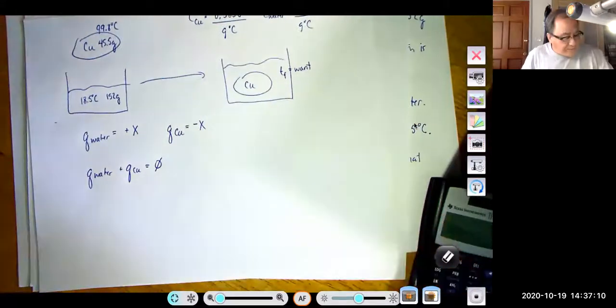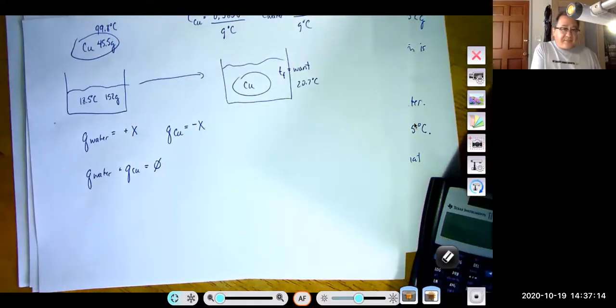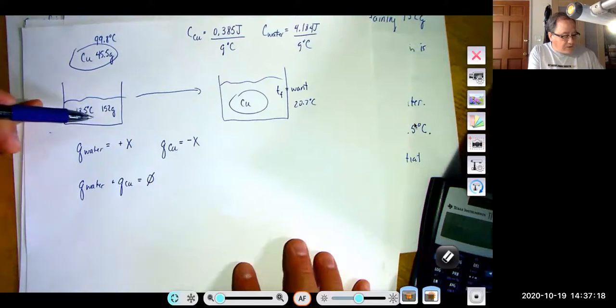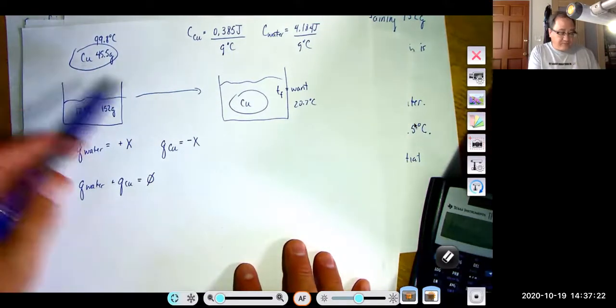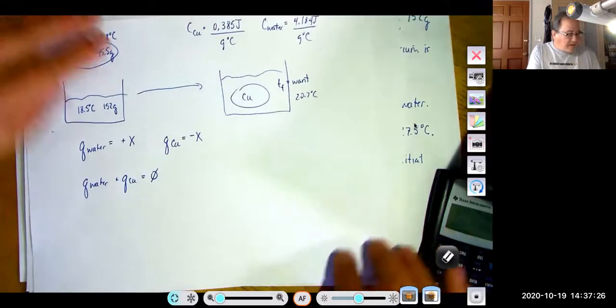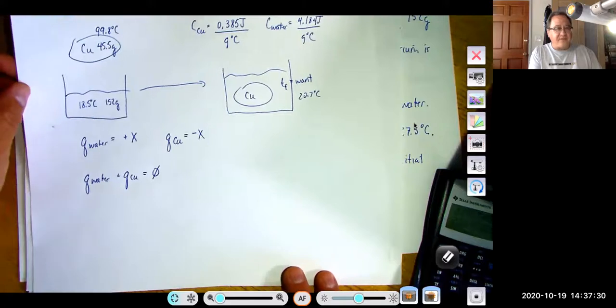So our final temperature is 20.7 degrees Celsius. Does it make sense that when we drop hot copper into water, the water will heat up a little bit and the copper will cool down? And the answer is yeah. Does it seem like it would heat up that little amount? Based on the problems we've seen before, yeah, it is a small amount.